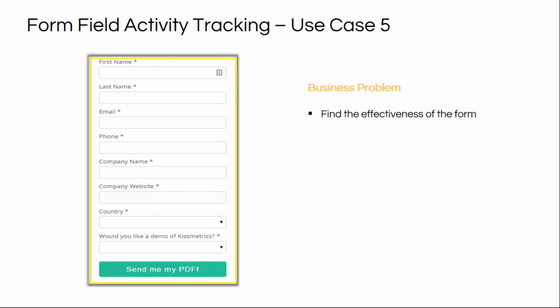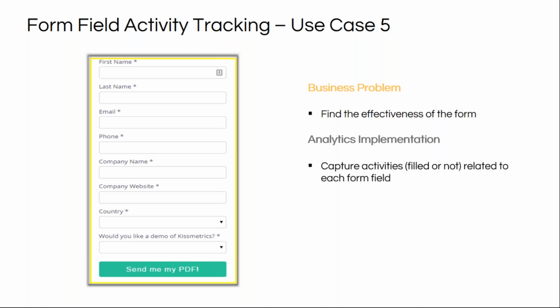Let's take another example, a form with a very long list of form fields. Ideally we want to track the effectiveness of the form, in case people may be dropping off due to the large number of fields available in the form. So what we can do is track the visitor activities in each and every form field.